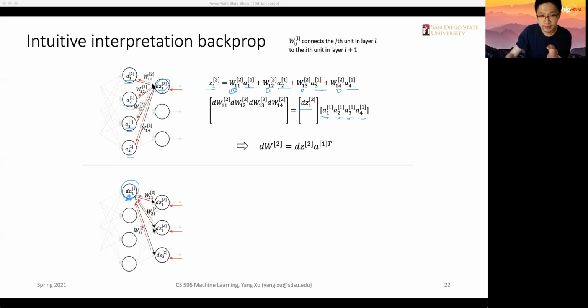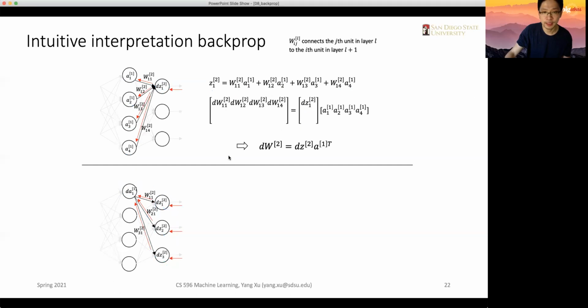The forward pass, indicated by these black arrows, shows that A1 contributes to the first unit, the second unit, and all 3 units. So the gradients from these 3 units in the upper layer should all affect the gradients for dA1, because we already have the forward pass constructed. We must use the information from all these 3 units.